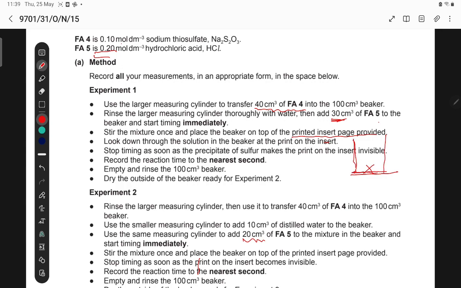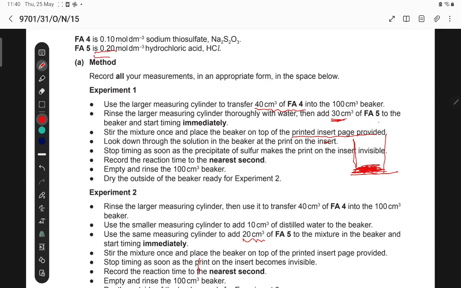Stop timing as soon as the precipitate of sulfur makes the print on the insert invisible. When sulfur is formed, it obviously becomes invisible. Record the reaction time to the nearest second.